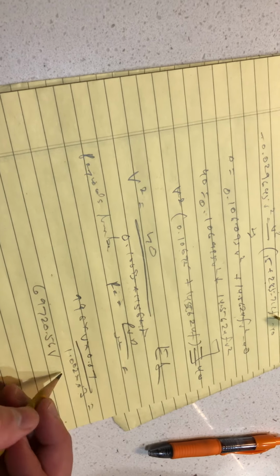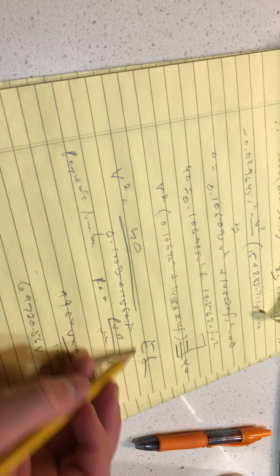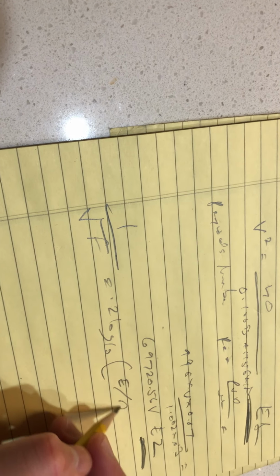So it'll be 69,720.56 V for equation 2. So we have this equation and this equation. Now with those two equations, we know the flow is turbulent, so we can use the Colebrook equation to find the friction factor, is what I'm getting at here. And I'll just write it here like so.